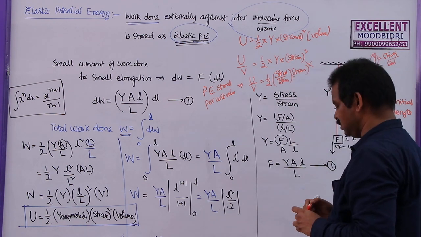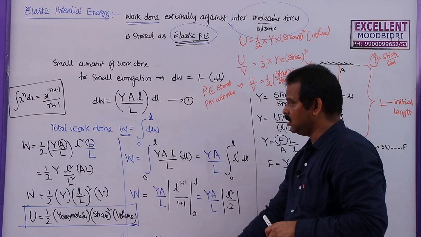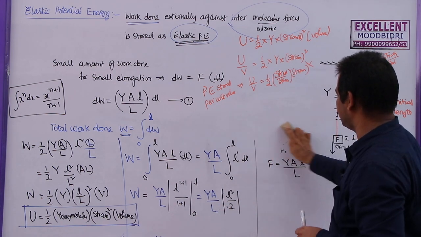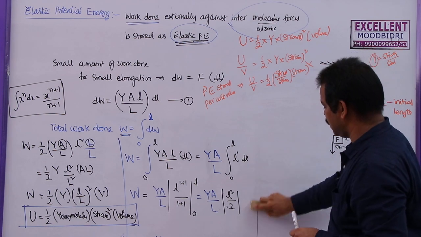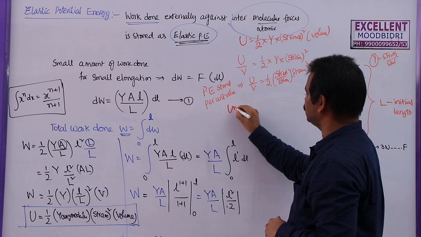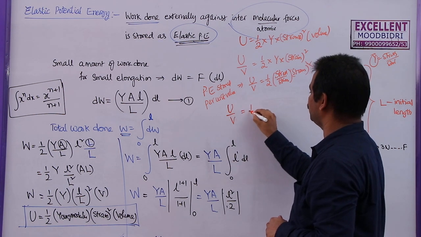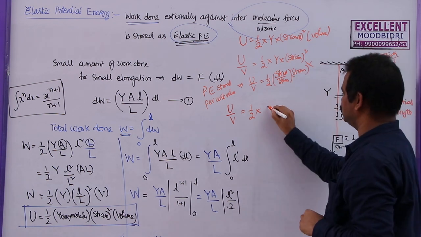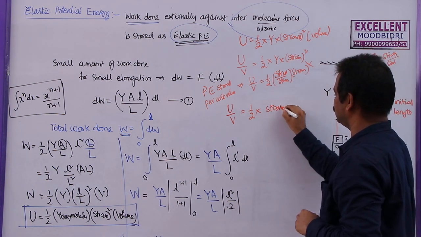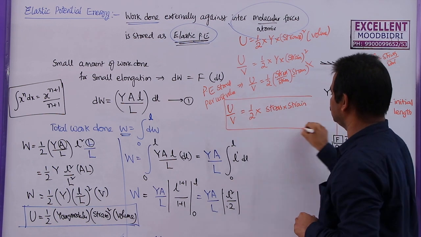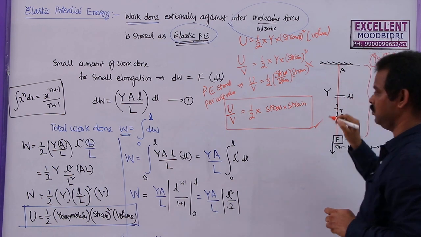Here strains get cancelled, and the final expression, which we generally use in examinations to solve problems, is that the potential energy per unit volume is given by half into stress into strain. So this is the expression that we are going to use in solving problems.